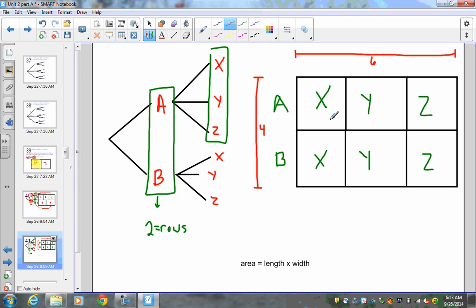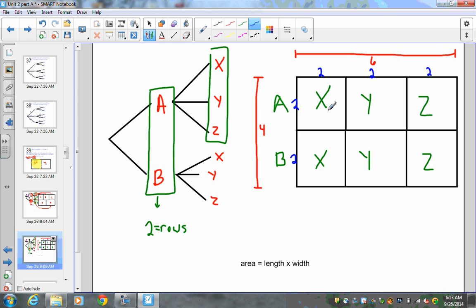Sometimes the problems will already have dimensions for you. Sometimes you're just going to have to find it or make it up on your own. So if I use 4 and 6, this 4 will be split into 2 and 2, and across the top it would be 2, 2, 2, because remember, this is 6 divided 3 ways, that's 2, 2, 2.